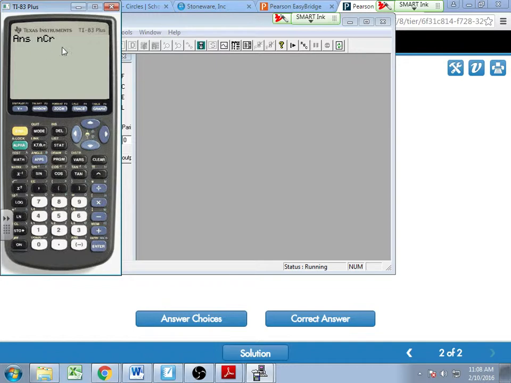So I cannot just pick that. I have to first tell it how many options I have. So I'm going to clear this out. If we have 165 students and I want to do a combination and choose 5 people, if we chose the teams, we would have 958 million different teams that could be chosen.